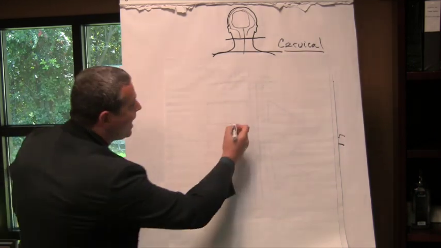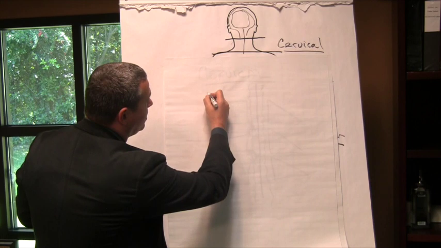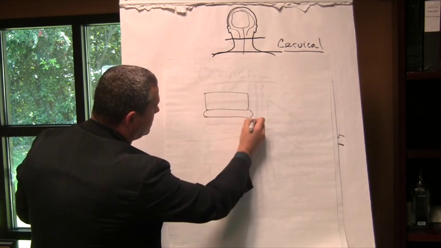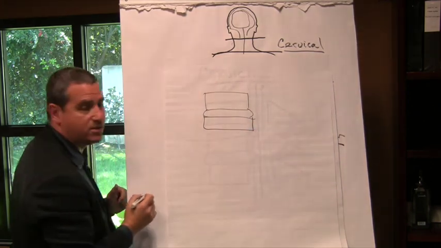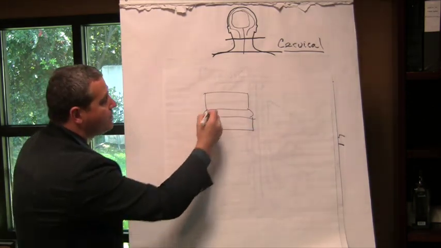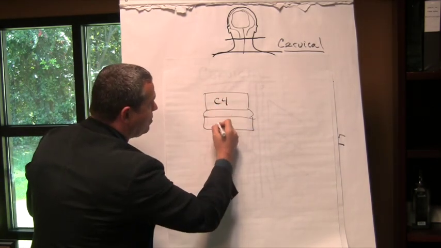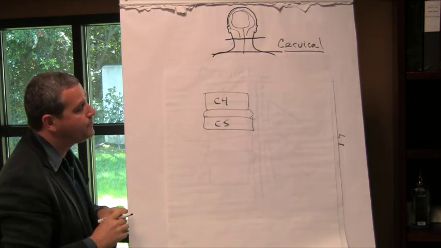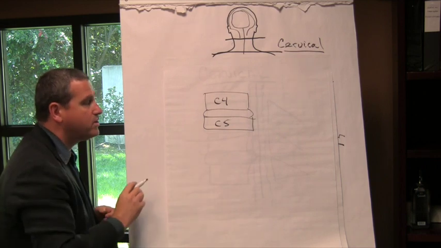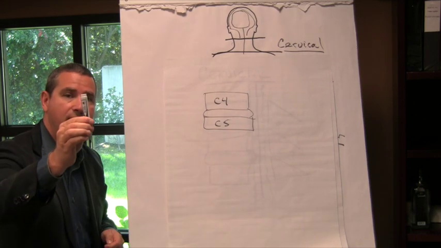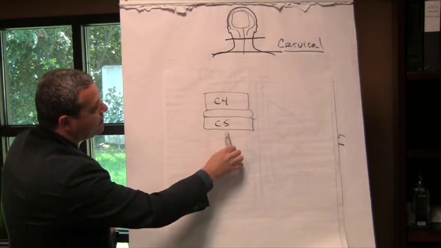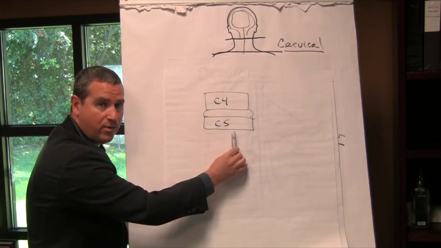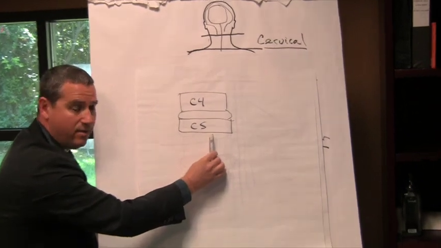And so what happens, we just saw a minute ago, this disc that sits between two vertebrae. So let's say C4, C5, that's in the neck, as we learned a minute ago. If you imagine this pen and we're looking at it, that is the view that we have of the neck right now in the vertebrae.